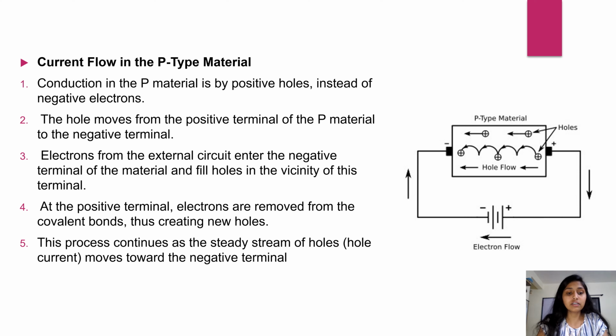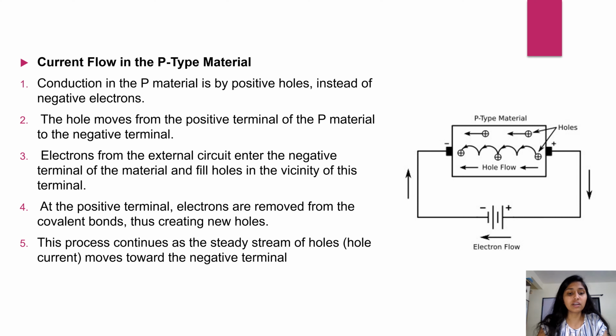So electrons from one covalent bond jump into the hole in front of it, thus leaving a hole in the covalent bond it has left. These electrons now jump into the next available hole and so on. As this process continues, it is apparent that holes are shifted towards the negative terminal of the battery.